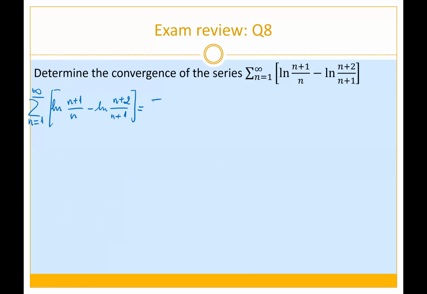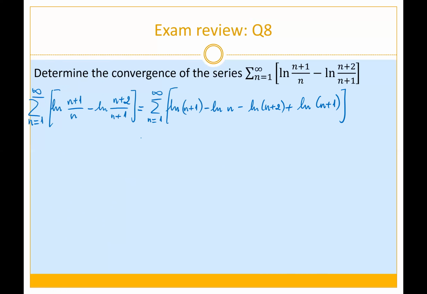This one can be written as ln of n plus 1 minus ln of n minus ln of n plus 2, plus, minus of minus is a plus. So you're going to have ln of n plus 1.